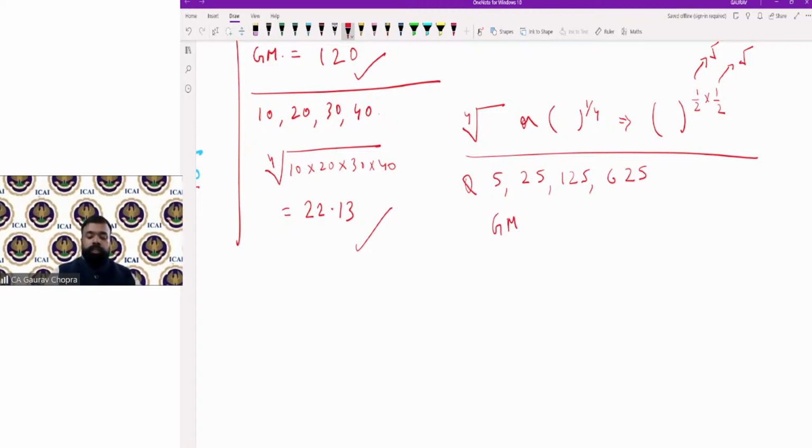Geometric mean is equal to how much? Divisha has given 5. Akansha is giving 4 point something. Venkat Lakshmi is saying 5.